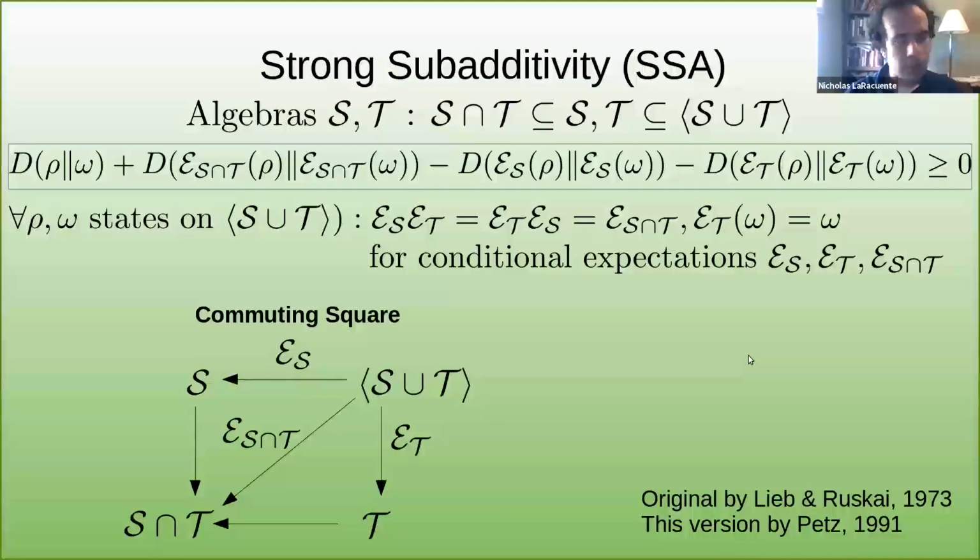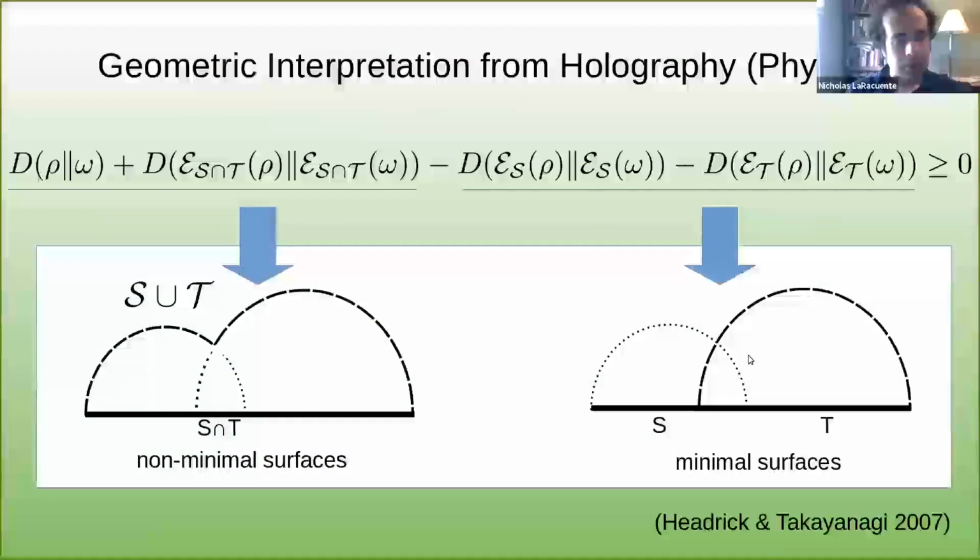And so there's a very nice interpretation or intuition of SSA that actually comes from a branch of physics known as holography. And in holography, they associate entropies with minimal surfaces in sort of a geometric picture. And so you can think of the two subtracted terms, which are relative entropies containing E_S and E_T, as sort of like minimal surfaces.